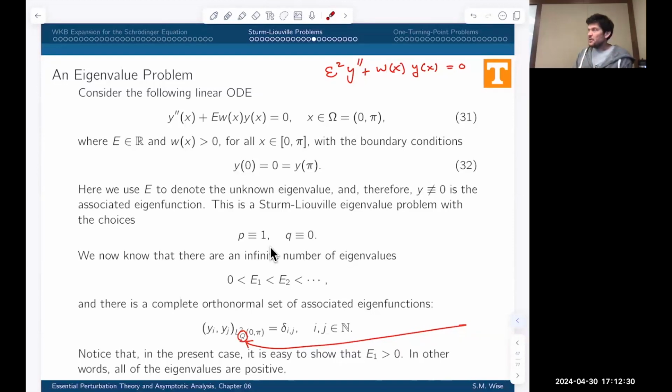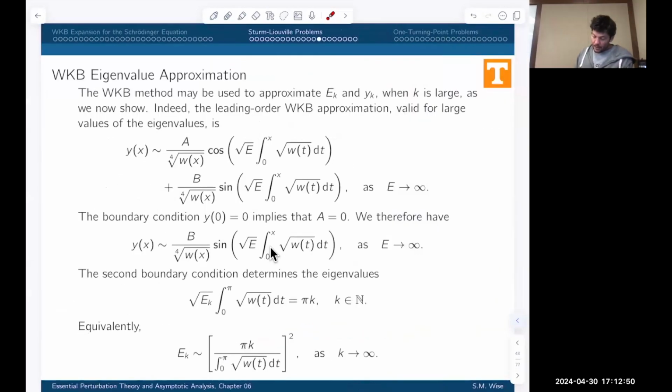Now, just because this is an eigenvalue problem doesn't mean that we can't bring to bear WKB theory on it. It just means that when we apply WKB methodology, what we're approximating whenever we do have a solution is the eigenvalues and eigenvectors. So let's see how this works. Here's our WKB approximation.